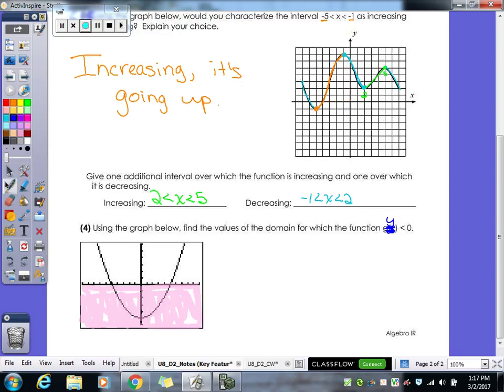That's when we're less than 0. So what's this x value over here when it starts entering the less than 0? -5. And what's this over here when it leaves the less than 0? +5. So it goes from -5 to +5.